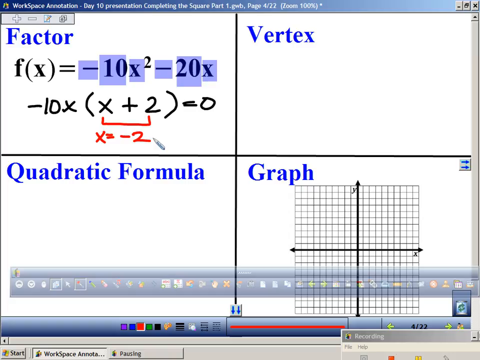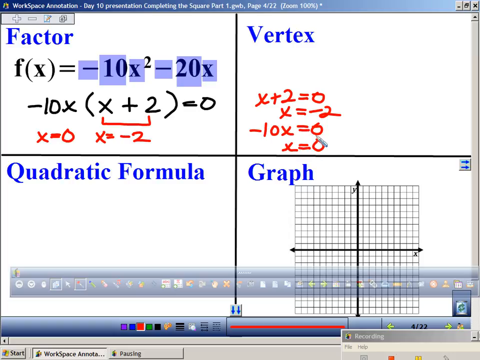And y is equal to 0 when x is equal to 0, because there's nothing with that one. We can find that by saying x plus 2 equals 0, which gives me x equals -2, and -10x equals 0, which gives me x equals 0.